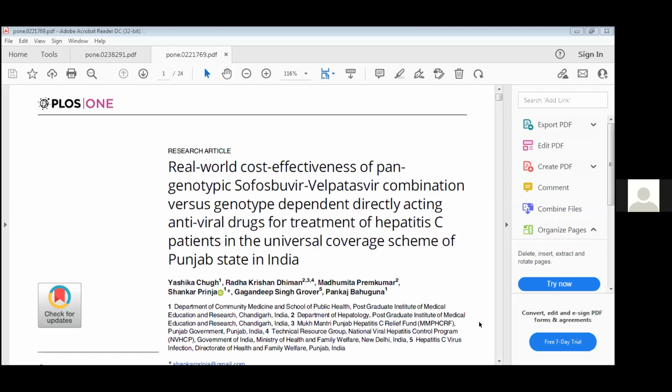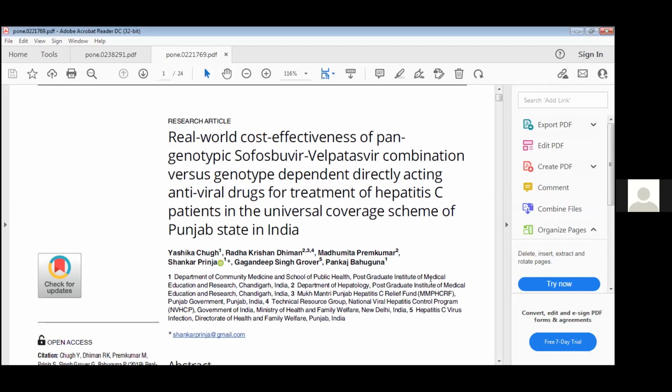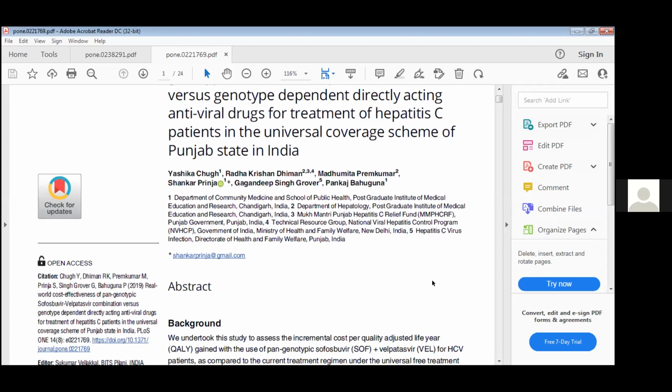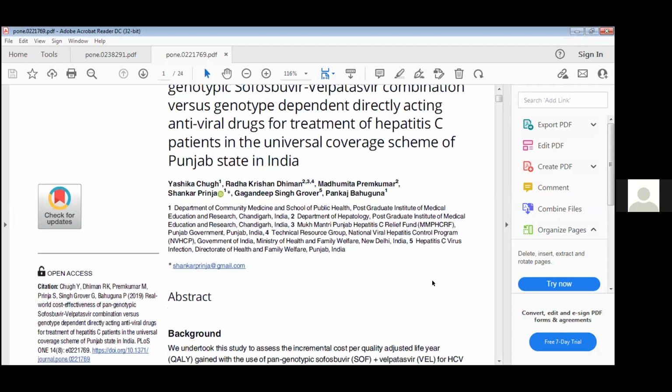So this is the one, for hepatitis C in the universal coverage scheme of India. They have done a lot of studies on different drug combinations and different diseases. I have also given some HIV/AIDS cases. There is lots and lots of Markov modeling done because HIV is very interesting for public health researchers, due to the states and the transition from one state to another.